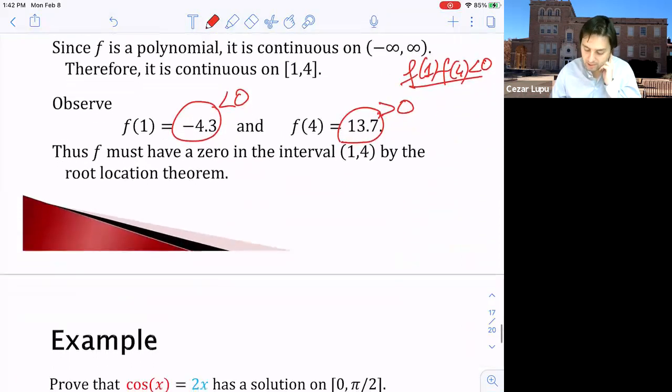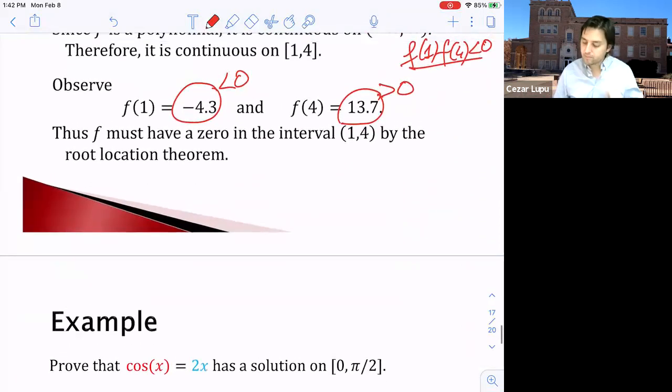All right, let's see another example. I'll just play with some examples now. The same thing goes for this: prove that the equation cosine of x equals 2x has a solution on the interval [0, pi over 2]. You see, now it's formulated a bit differently. How would you approach this?